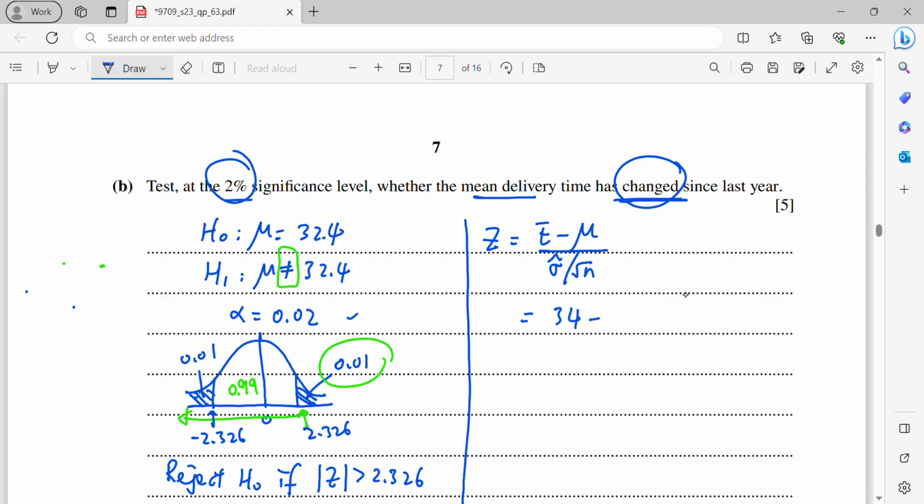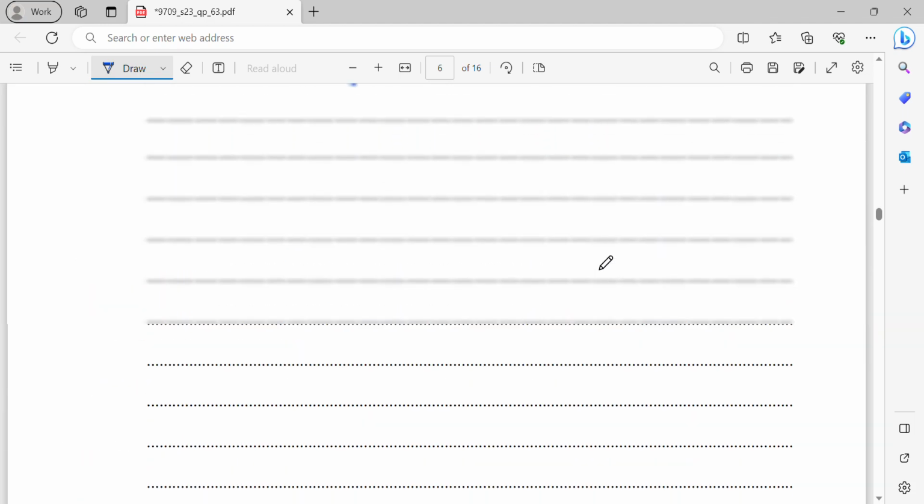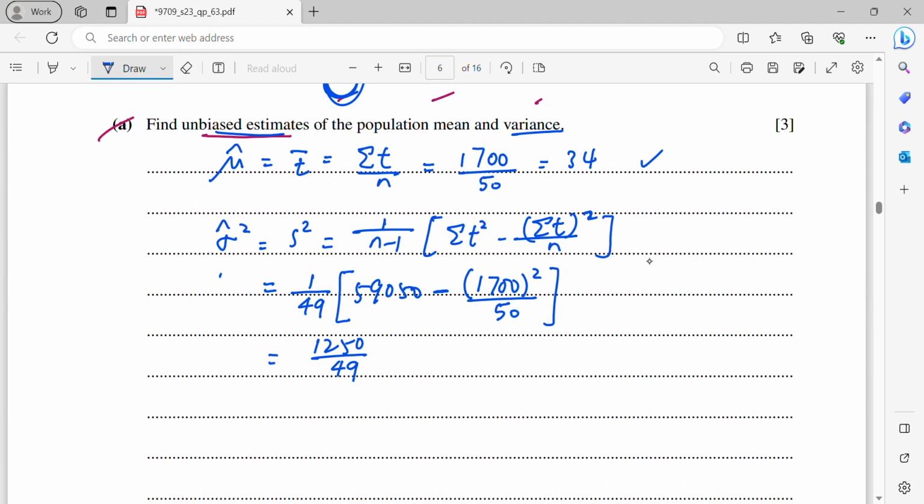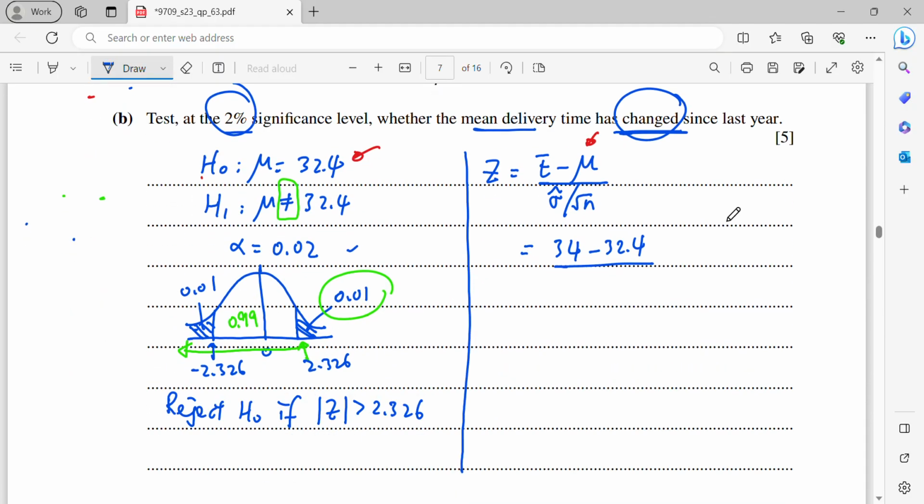Then this mu is the mu at H naught, that means it will be 32.4. And this sigma hat we have counted just now. But just now we have found sigma hat squared, therefore we just take the square root of this value. The formula is basically the same as this.